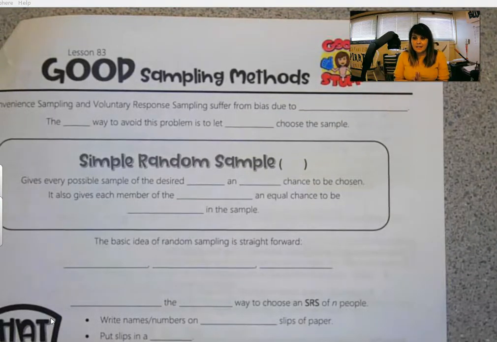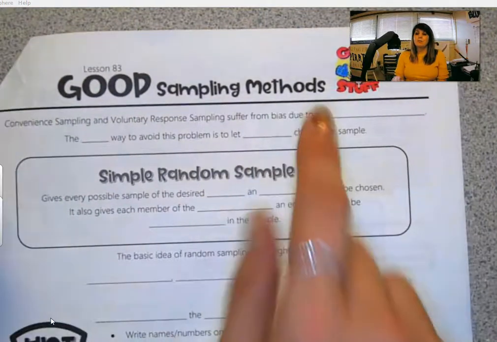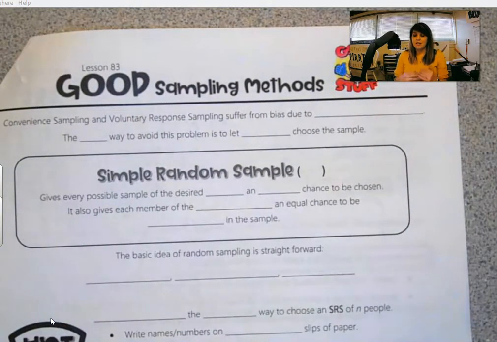In lesson 84, we're going to start talking about more complex samples, but these ones are the good sampling methods, and they're basic and easy.